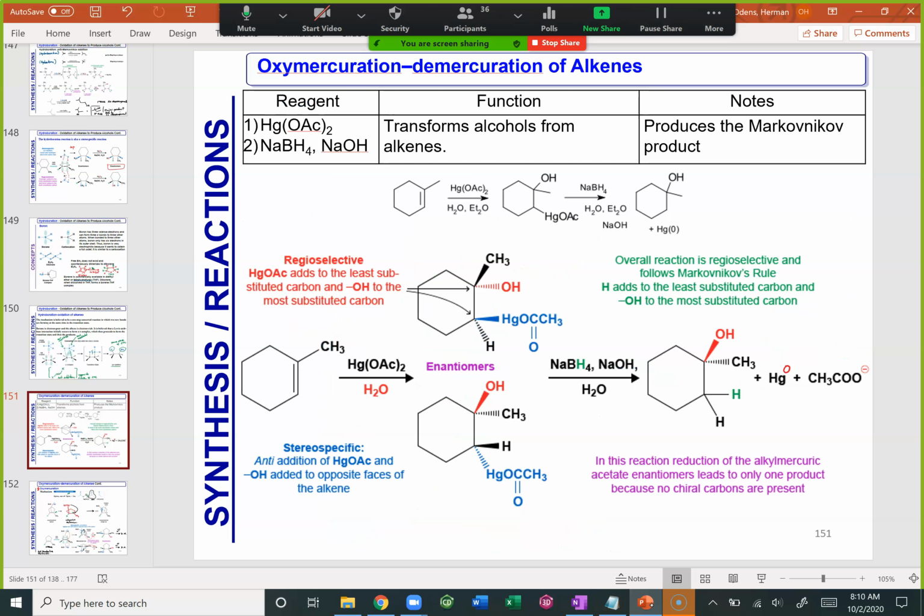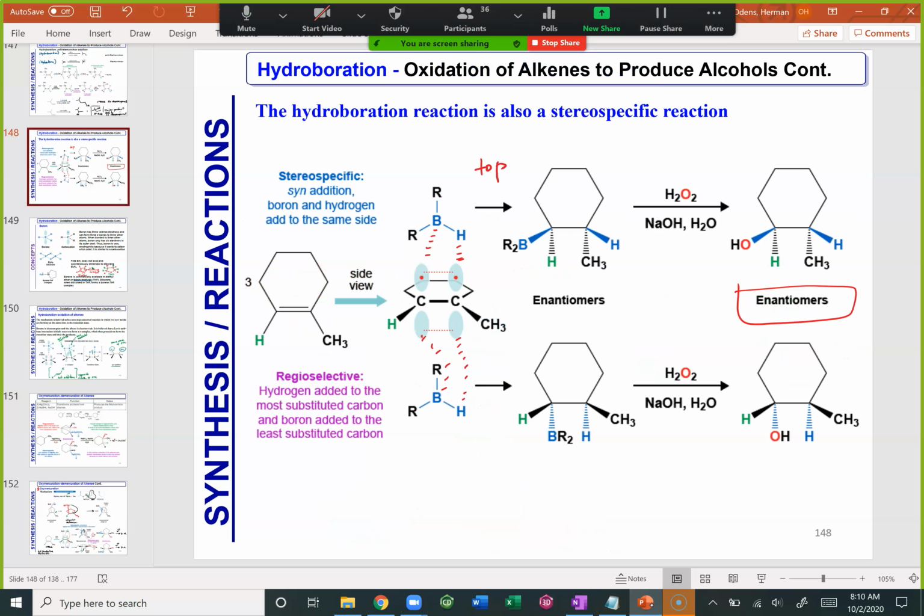Let's go back to hydroboration for a second. The reason for hydroboration acting the way it does is because it's stereospecific. It's a syn addition, and notice that your nucleophile is your hydride. This is your nucleophile. So your hydride is going to go where the OH will go in the hydration, to the most substituted carbon right there.